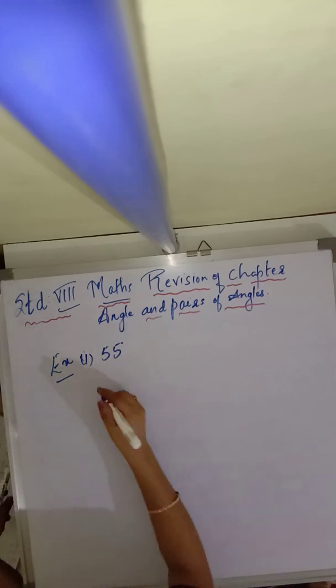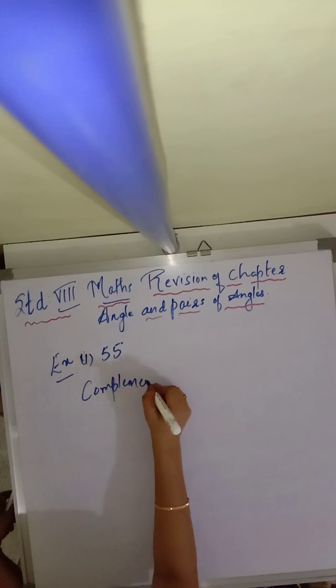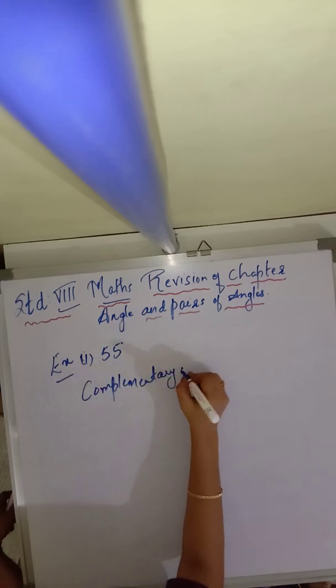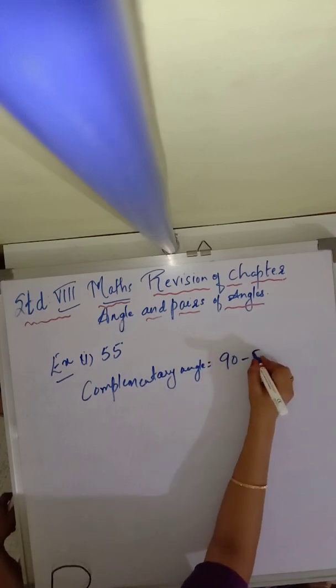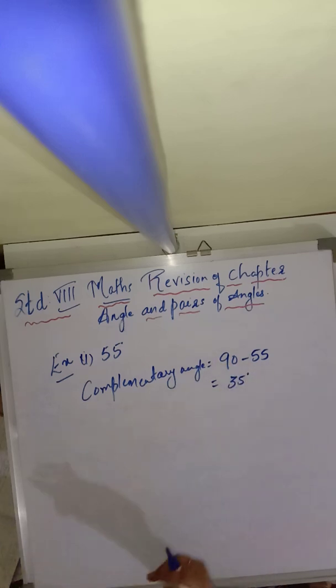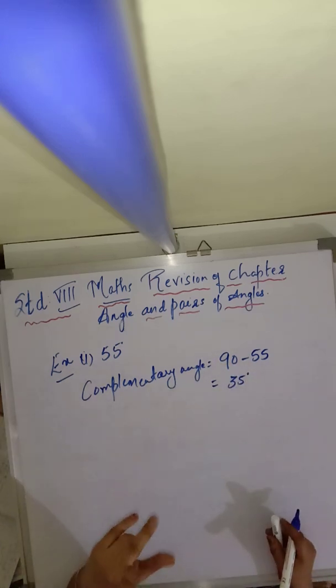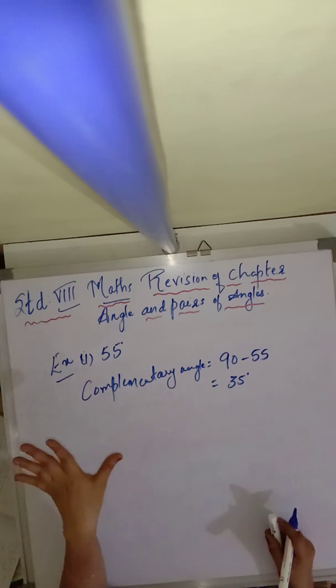How to find the complementary angle? It will be 90 minus 55, and that is equal to 35 degrees. Why have I subtracted from 90 children? Because the sum of measures of two complementary angles is 90 degrees. One angle is 55, the other will be 90 minus 55.